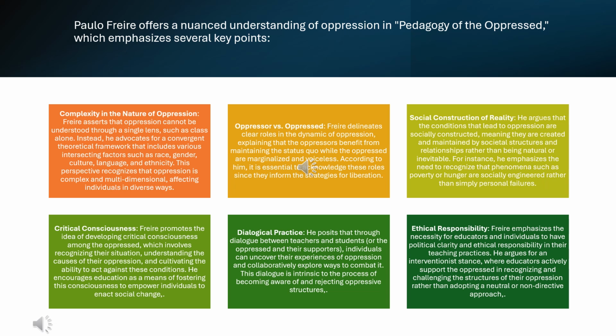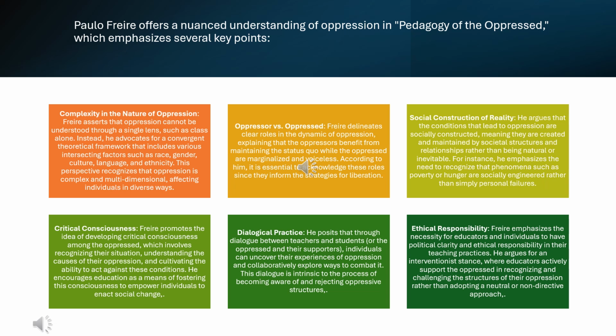So then this idea of critical consciousness: Freire promotes developing critical consciousness amongst the oppressed, which involves recognizing their own situation, understanding the causes of their oppression and cultivating the ability to act against these conditions. Not just accepting that I'm poor and I'm from this background, but understanding why am I poor, how did I get to this.